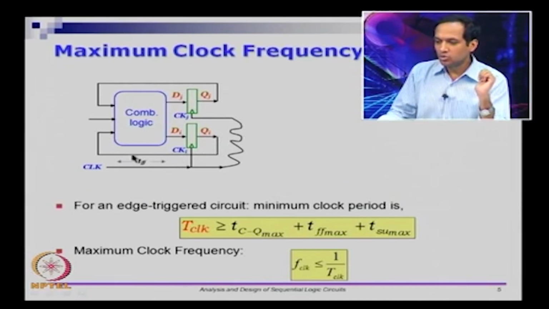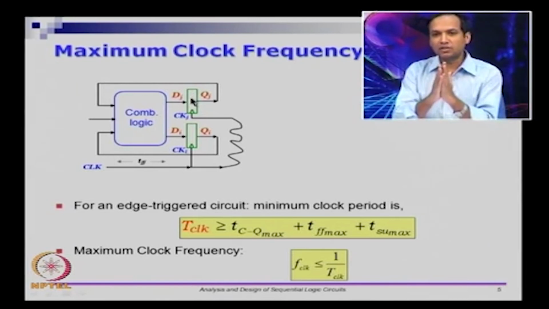Then you go through the flip flops, that is the FF delay, and then you still have to account for the setup time of the flip flops here, right. If I am looking at the constraint from QI to DJ, this is the clock to Q delay of this flip flop plus the path through this combinational logic plus the setup time of this flip flop.